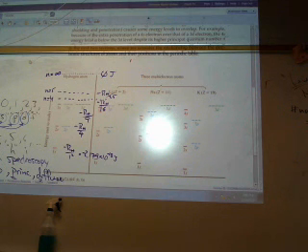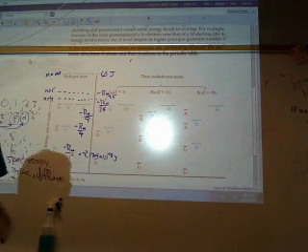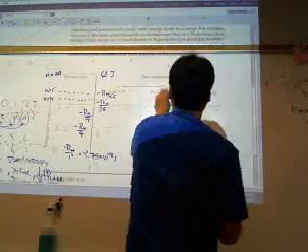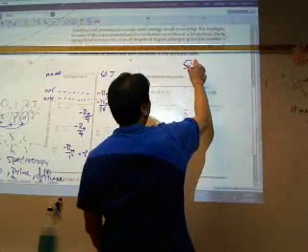Excuse me. So the first thing we're going to do is something like this. How many orbitals are there in the 5H? N equals 5, L equals 5.